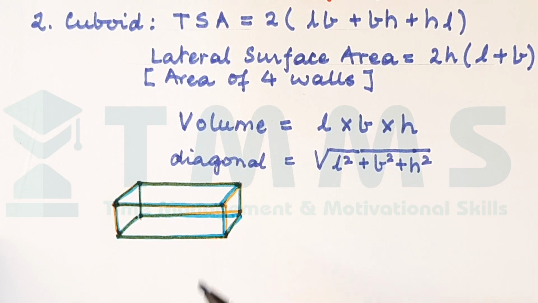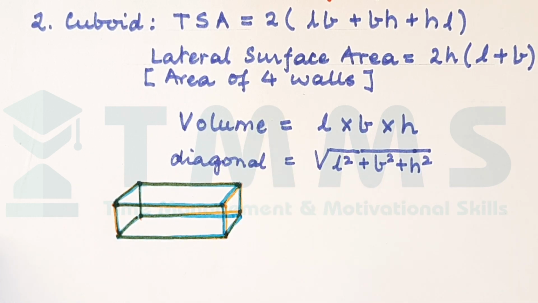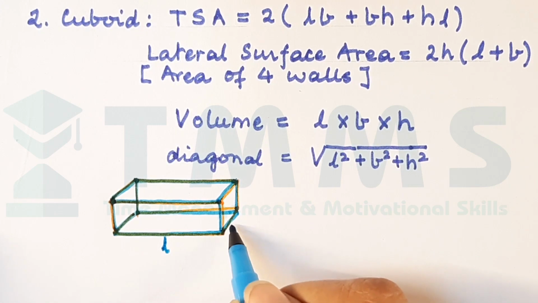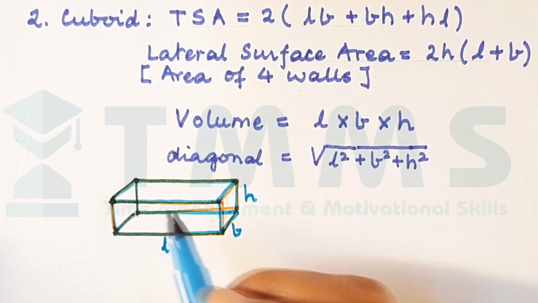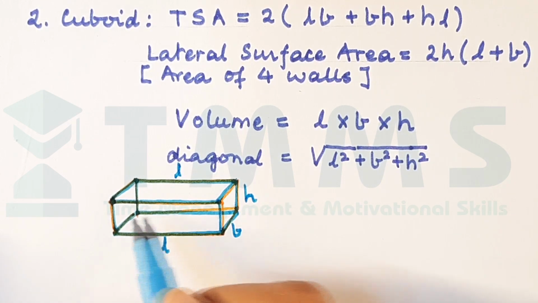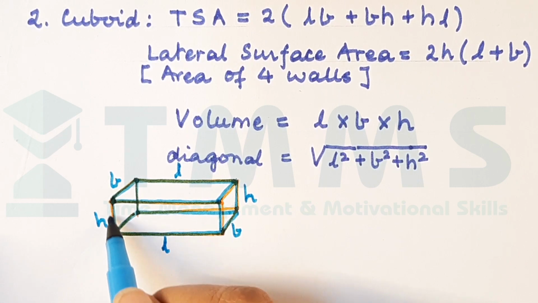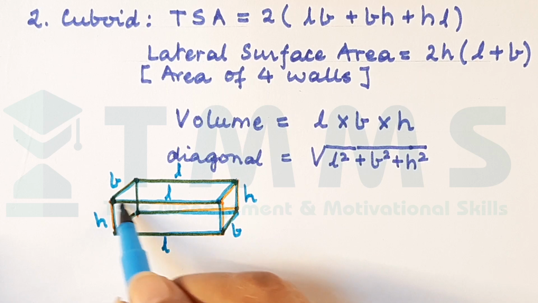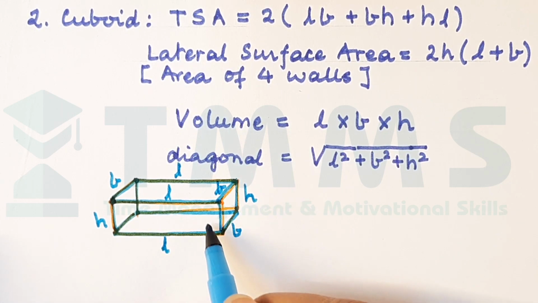Okay, so you see that compared to cube, which will have all sides equal, a cuboid will have the length here, this will be the breadth, and this will be the height. Got that?